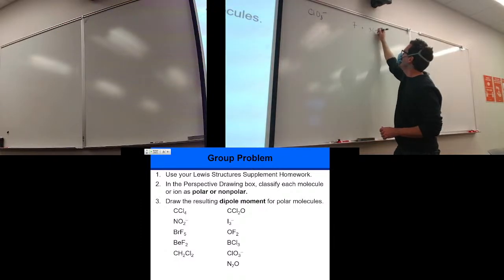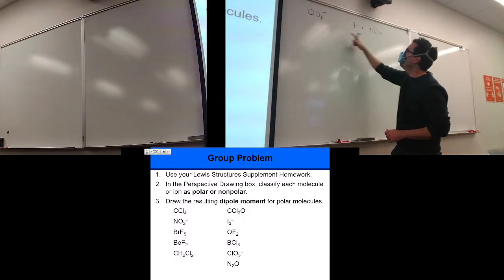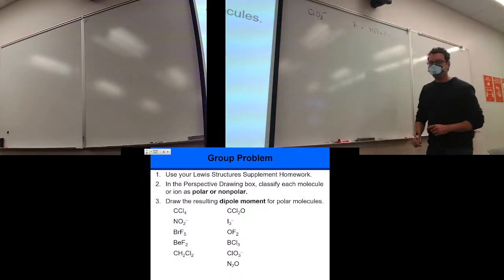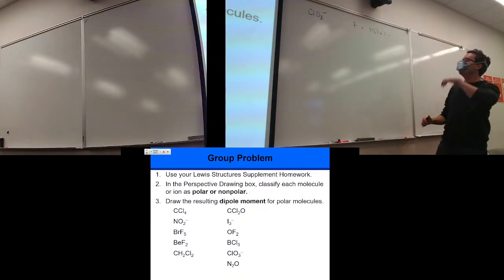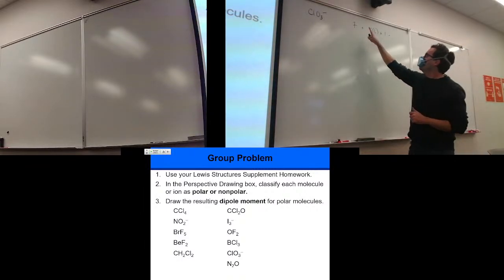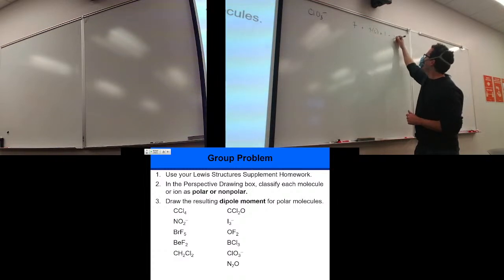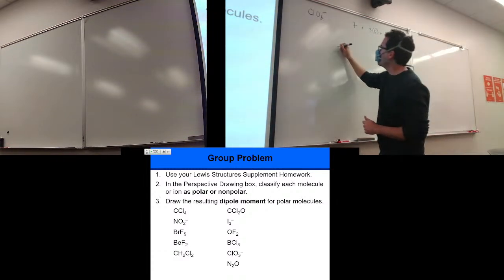So there's 3 oxygens, plus we add an electron because of the negative charge. Every negative gets an extra electron. Every positive we remove an electron. So 8 plus 18 is 26. And then we'll do our skeletal structure.